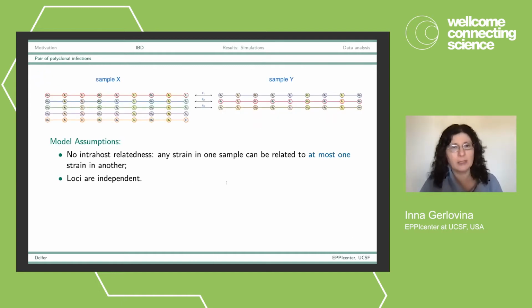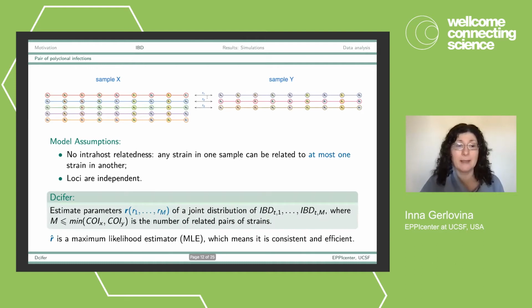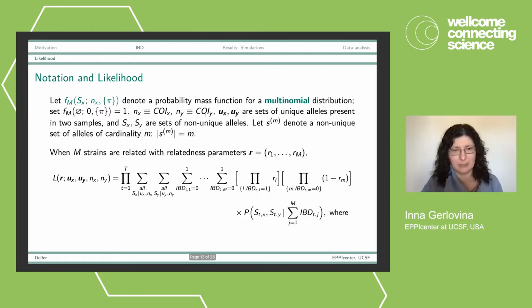For a pair of polyclonal infections, consider these are two infections, and each horizontal line is a strain. At this point, we are only considering between-host pairs of strains. Essentially we're constraining our model space, and I can elaborate more during the Q&A session. And what Dcifer does is estimate parameters, these R's, of a joint distribution of IBD, and there are 3 of them in our example, and it is a maximum likelihood estimator.